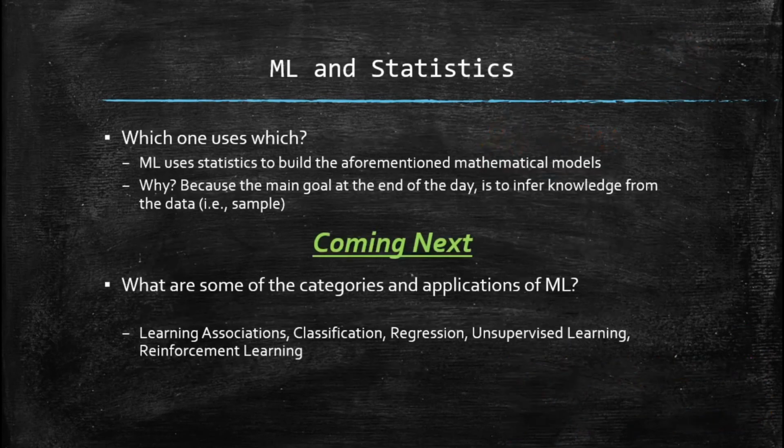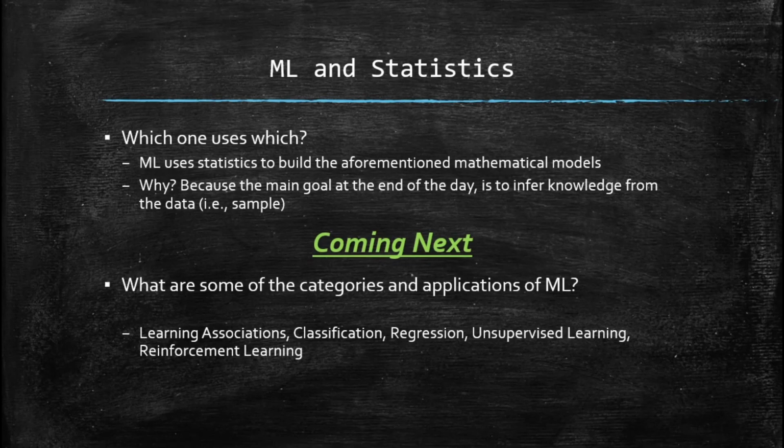Now, the last thing that I want to talk to you about is the difference between machine learning and statistics, or basically the relationship between them. So which one uses which? Because that's a big question. Usually they talk about how the two relate to each other. Remember, machine learning uses statistics to build the aforementioned mathematical models. Remember the F that I talked to you about that has parameters?